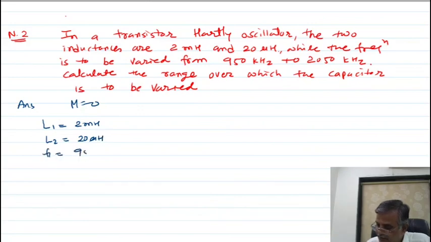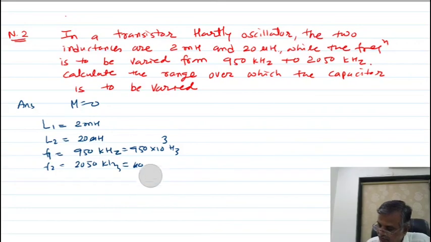F1 is 950 kilohertz, meaning 950 into 10 raised to 3. F2 is 2050 kilohertz, which is 2050 into 10 raised to 3 hertz. They are asking you to find the maximum and minimum capacitance.